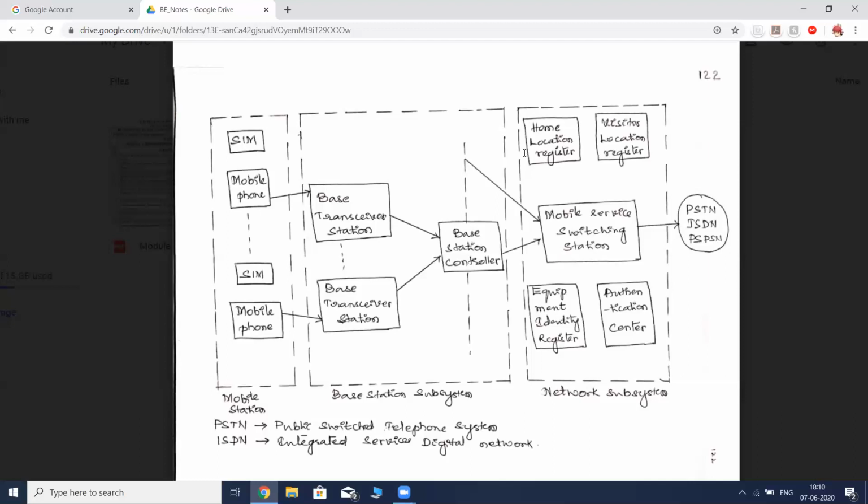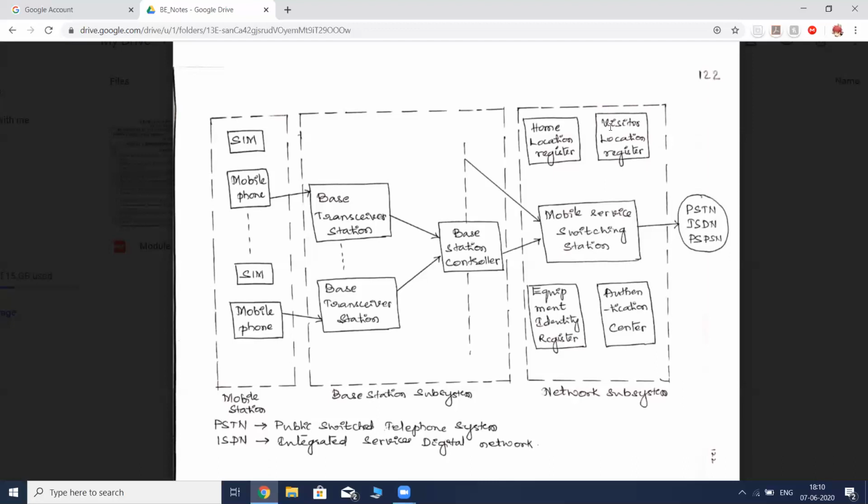It is not that you will stay only in the home location; you will change your place. When you go outside that area, you get connected to a different cell. Then the credentials of your Subscriber Identification Module are registered in one more register, called the visitor location register.